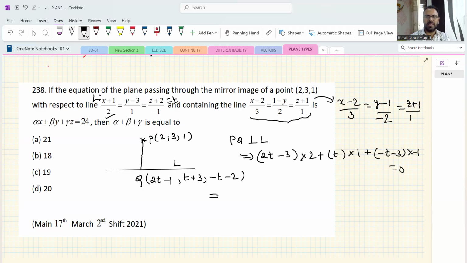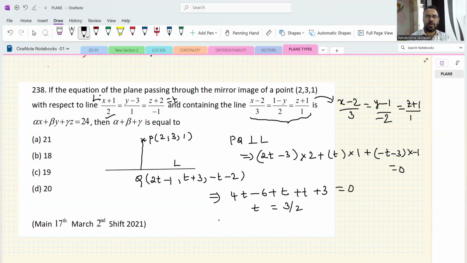So we get 4t minus 6 plus t plus t plus 3 equal to 0. So therefore, t we get is equal to 3 by 2.